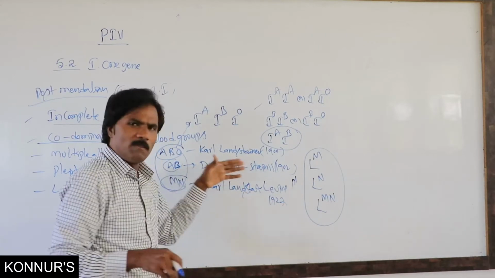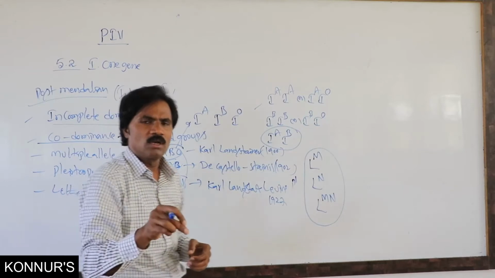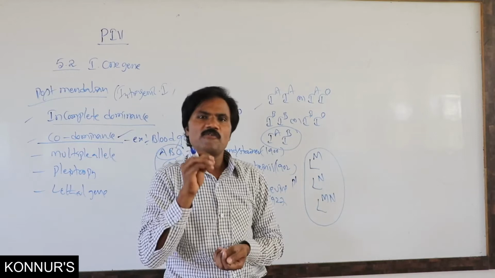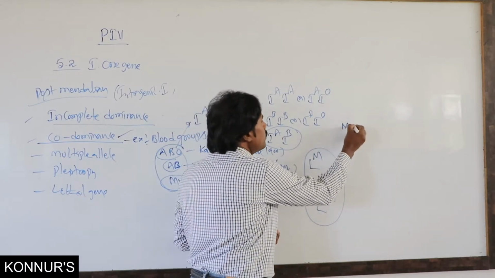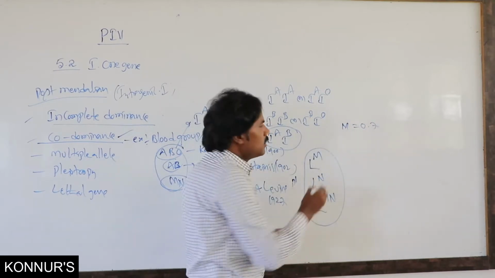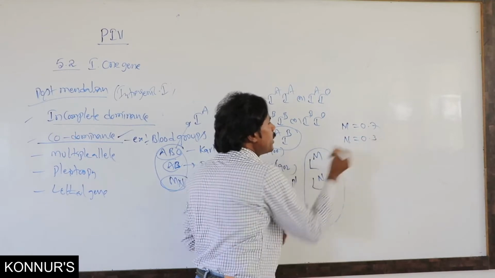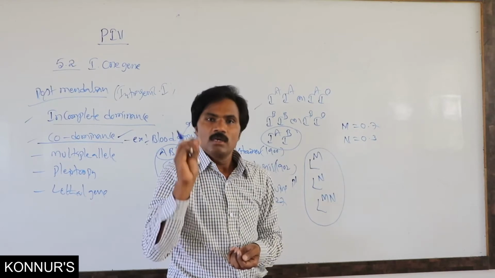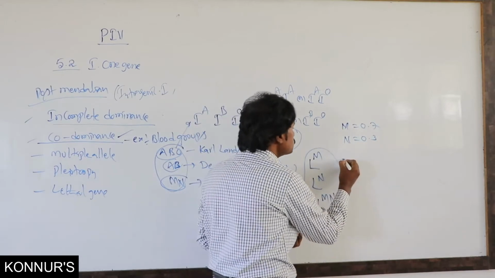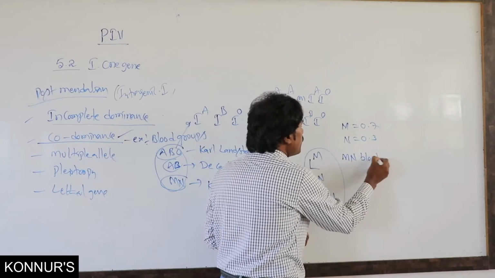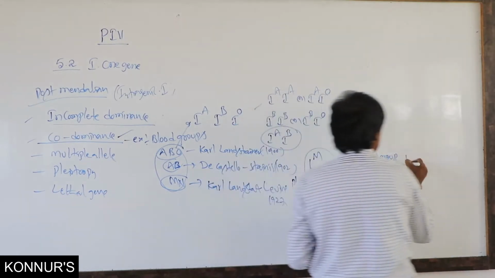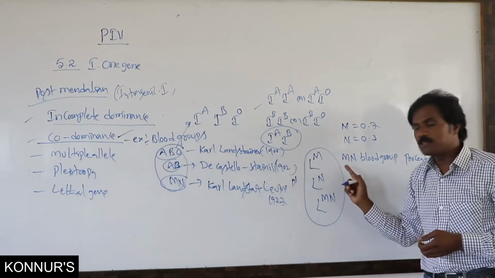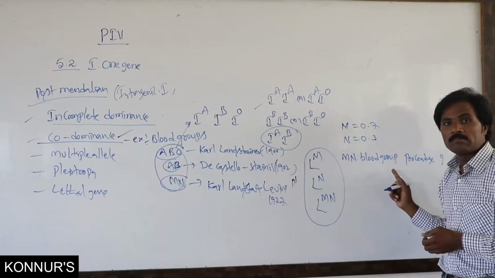Related to blood groups, one more simple question. Suppose for the MN blood group, related to the Hardy-Weinberg principle, if M is equal to 0.7 and N is 0.3, what is the percentage of MN blood group?